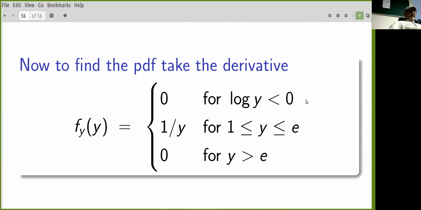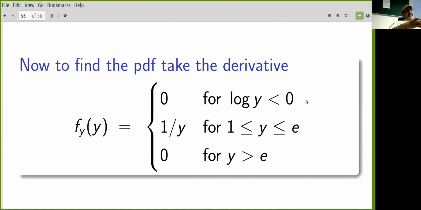One is, if the transformation is 1-to-1, use the formula f sub y of y is equal to f sub x, transformed, you write the x's in terms of y's, and then you have to multiply by the absolute value of the derivative of the transform.